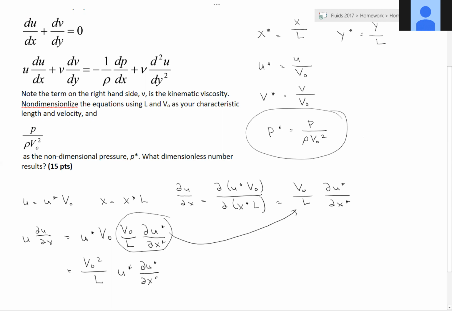So P is going to be equal to P star rho V naught squared, and then you're going to put it into this like we've done with the rest of them. Minus 1 over rho, and then you're going to replace the P with P star rho V naught squared, and you're going to replace the X with X star times L.